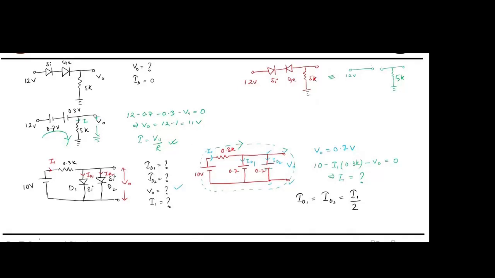Now, if I give a circuit like this, I will just draw a circuit here. Maybe I can rub this one. If I give a circuit like this, will you be able to solve it?